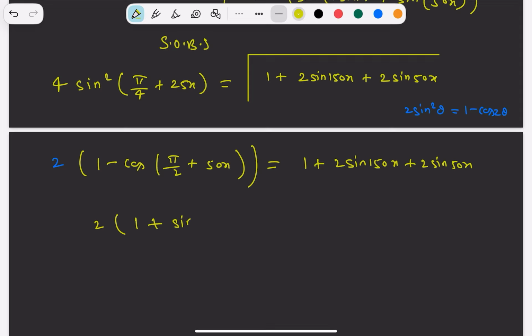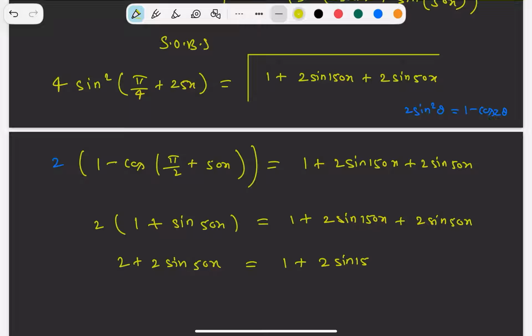So 2 into 1 plus sin 50x equal to 1 plus 2 sin 150x plus 2 sin 50x. So here 2 plus 2 sin 50x equal to 1 plus 2 sin 150x plus 2 sin 50x.